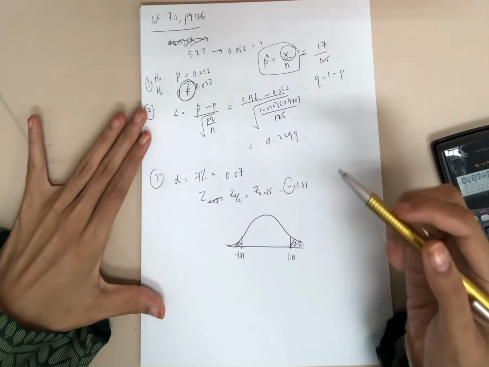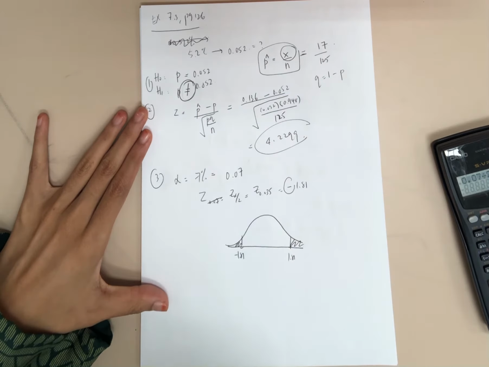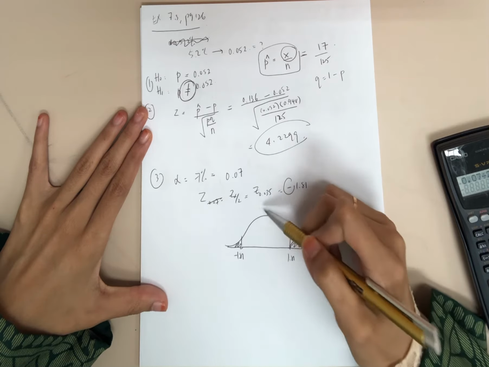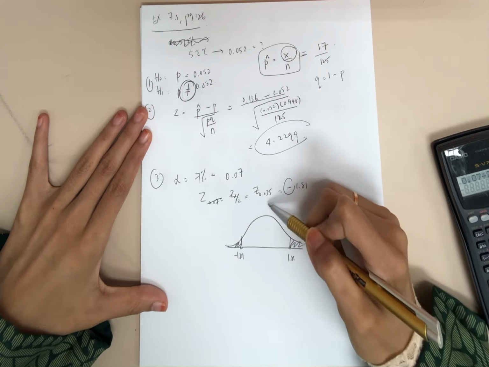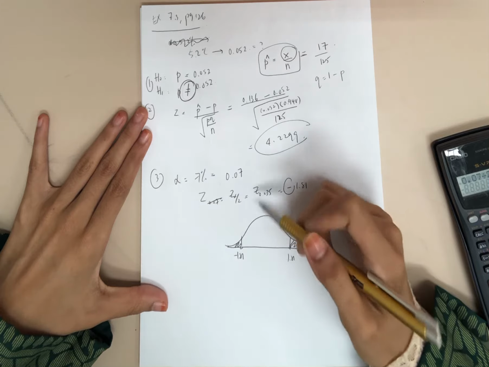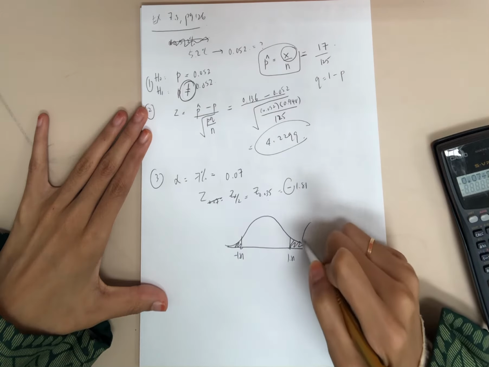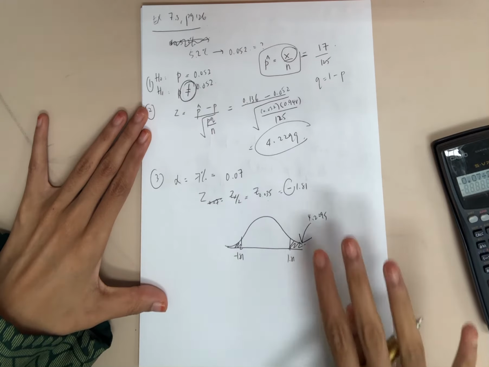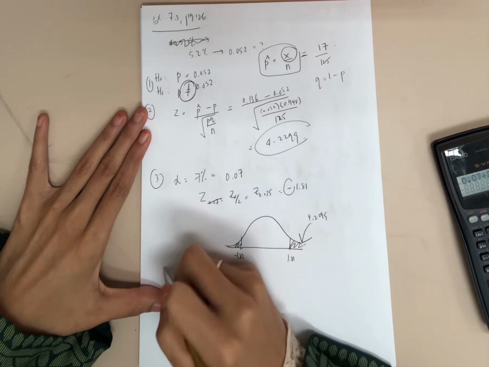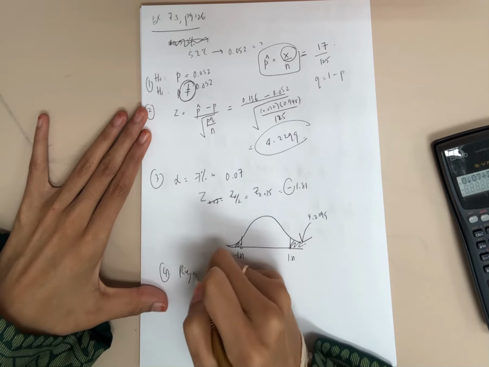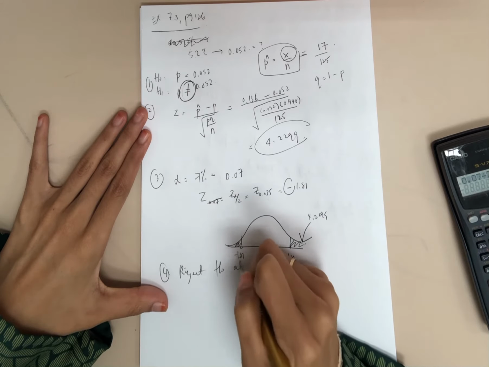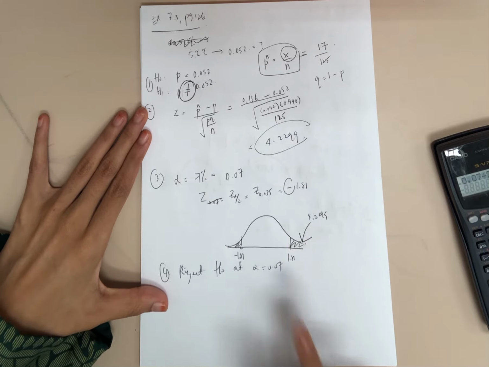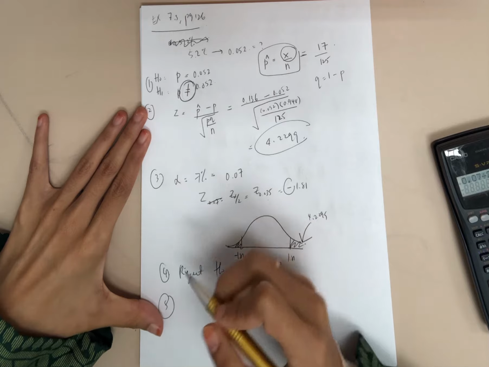Then you check your answer just now, 4.2299, whether it lies in the rejection region or in the non-rejection region. 4.2299 is somewhere here, so it lies in the rejection region. Therefore, we need to reject the H0 at the alpha given, 0.07. Then make the conclusion.